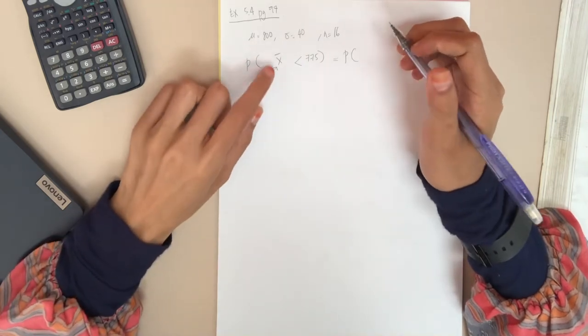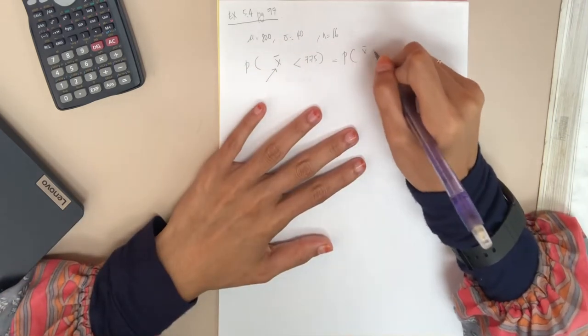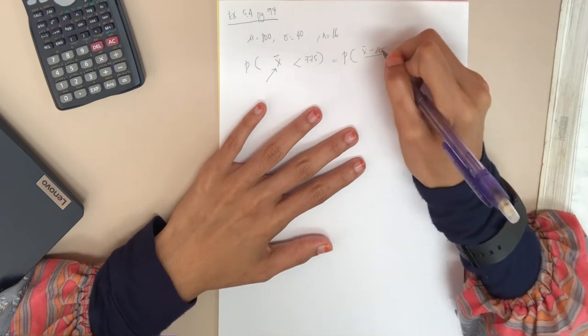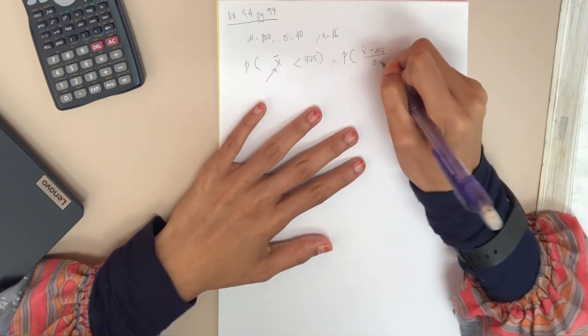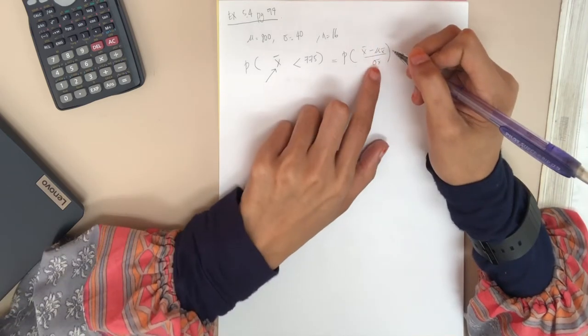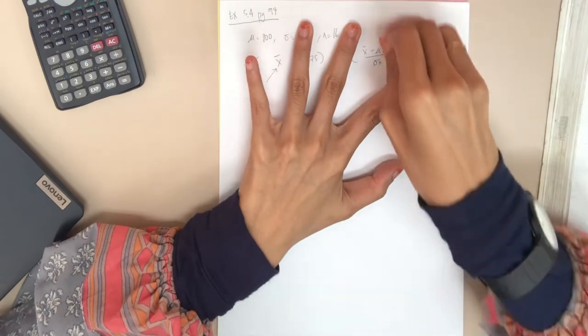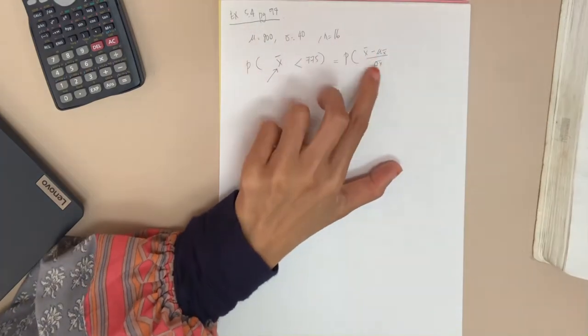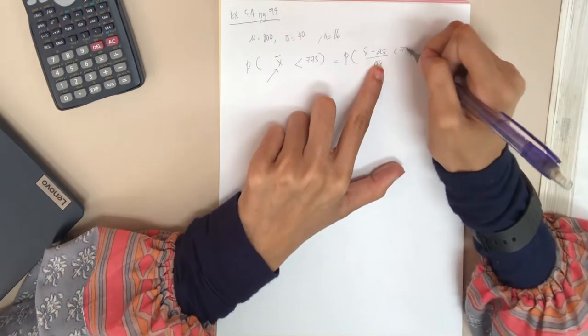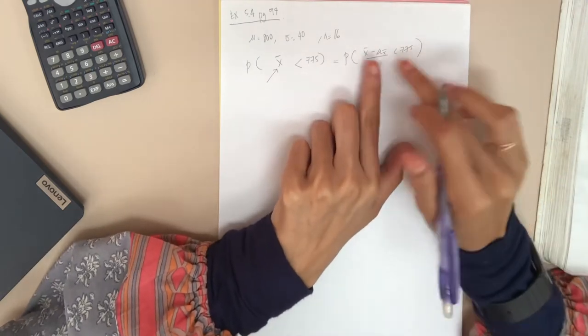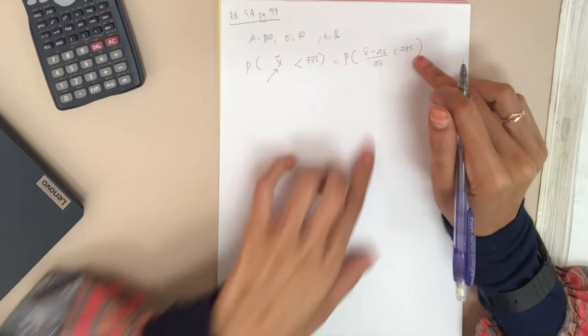The formula here is X bar minus mu, or the mean of the sample mean, and then divided by this one. So this is how we change it to Z. And then less than 775. Of course, when you change here, you have to change here too.